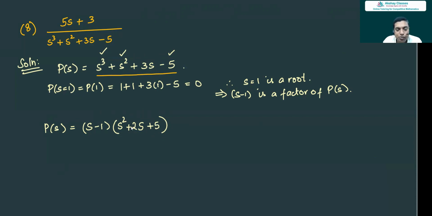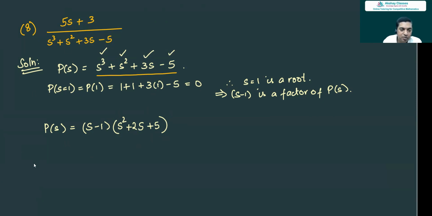So 5s minus 2s gives us 3s. So this coefficient is also correct. So we have split this into this. Now incidentally, just by observation, we can say that this cannot be factorized further. Why? See the discriminant. B square is 4, minus 4ac is minus 20. So 4 minus 20 is minus 16. So discriminant is negative. So it cannot be factorized further.